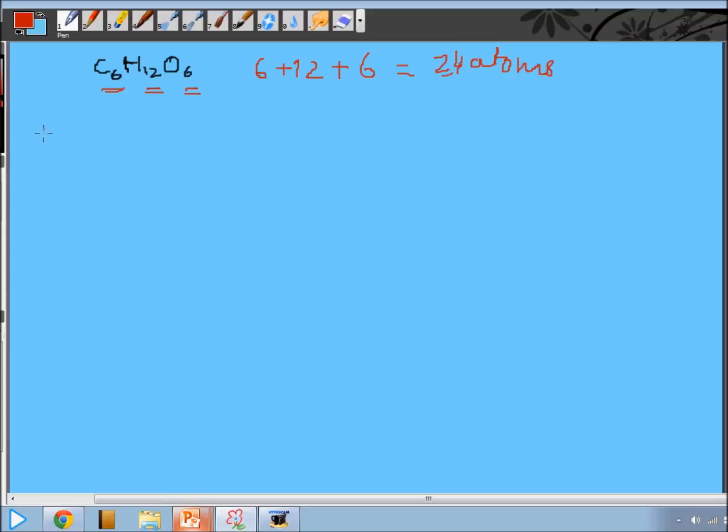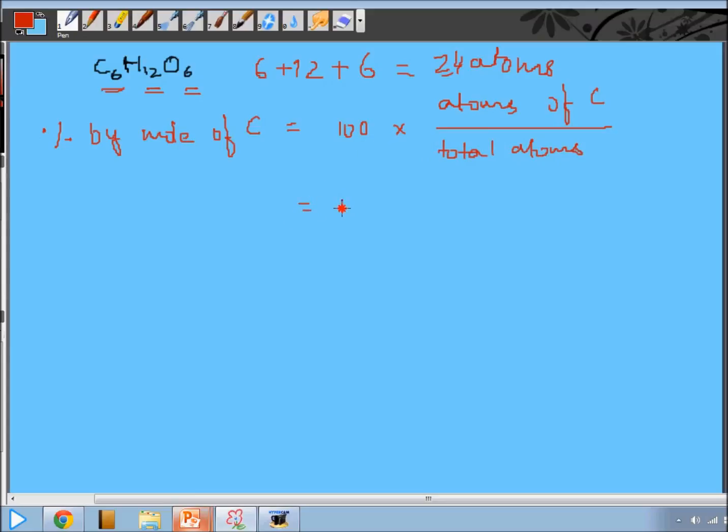So now I have to calculate percentage by mole of carbon in this compound. So that will be 100 multiplied with atoms of carbon in 1 mole compound divided by total atoms of all kind in 1 mole of compound.